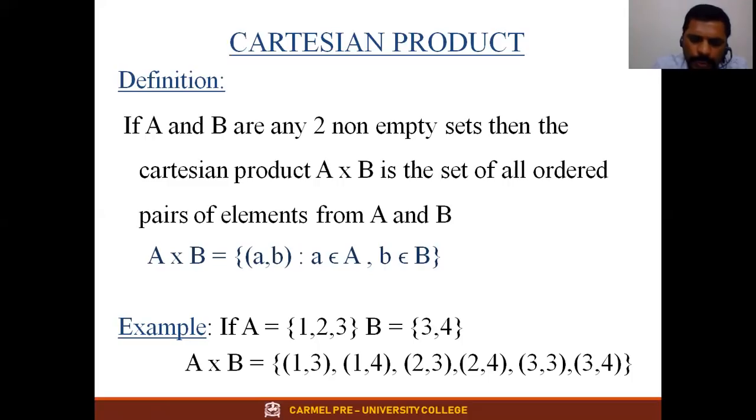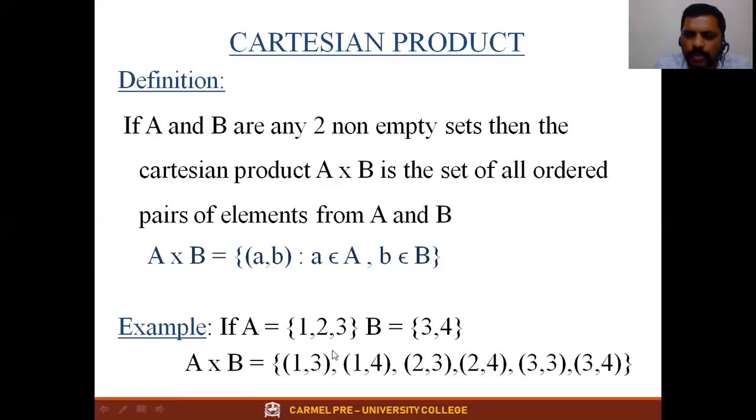Then what is the option? You should go for the next element of set A. What is the next element of set A? 2. This process I want each and every person to keep in mind whenever you are writing A cross B, whether in the chapter relations or in the chapter functions. Next, this 2, I'll map with 3, that is (2, 3), then (2, 4).